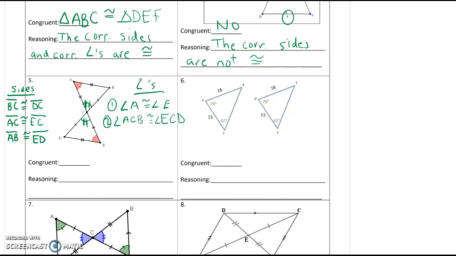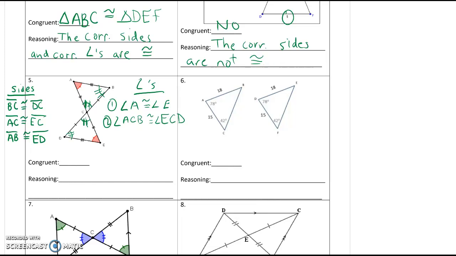So let's use 3 tick marks. 1, 2, 3. Okay, so angle B and angle D have to be congruent.